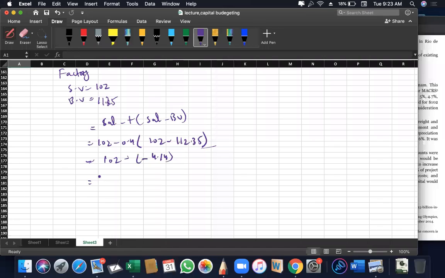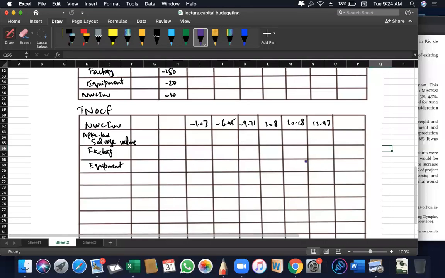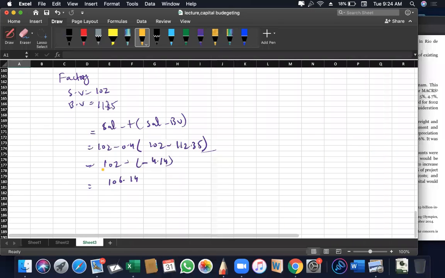So 102 plus 4.14, we get 106.14. So we will put here, be careful, we have to place it in the last part, 106.14. Yes, exactly. Now here we will use the equipment.